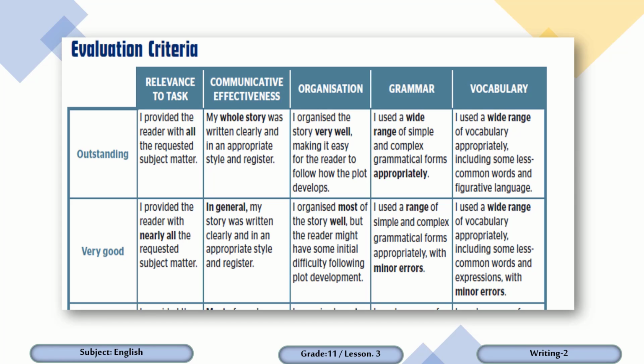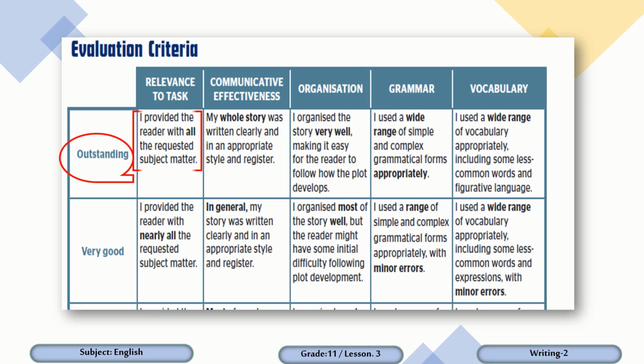Dear students, before writing your story, you should read the evaluation criteria in the workbook page 42 in order to be aware how your story is being evaluated by your teacher. So, for example here, how to make your writing outstanding.